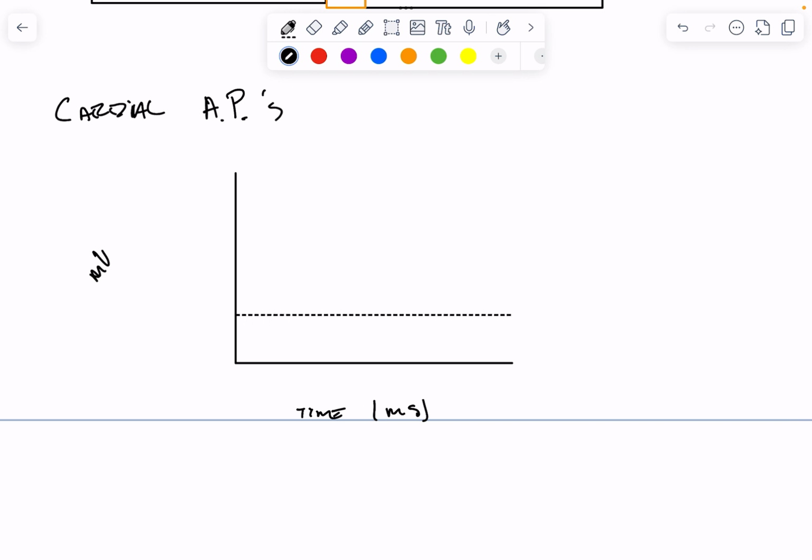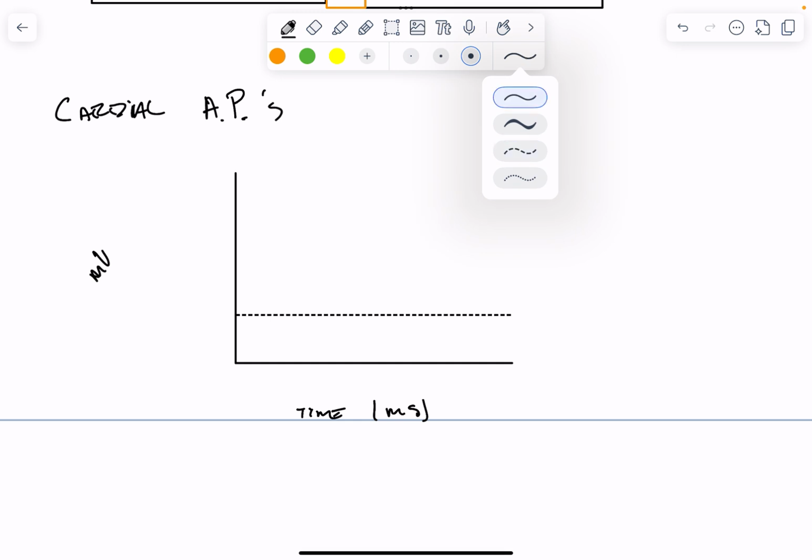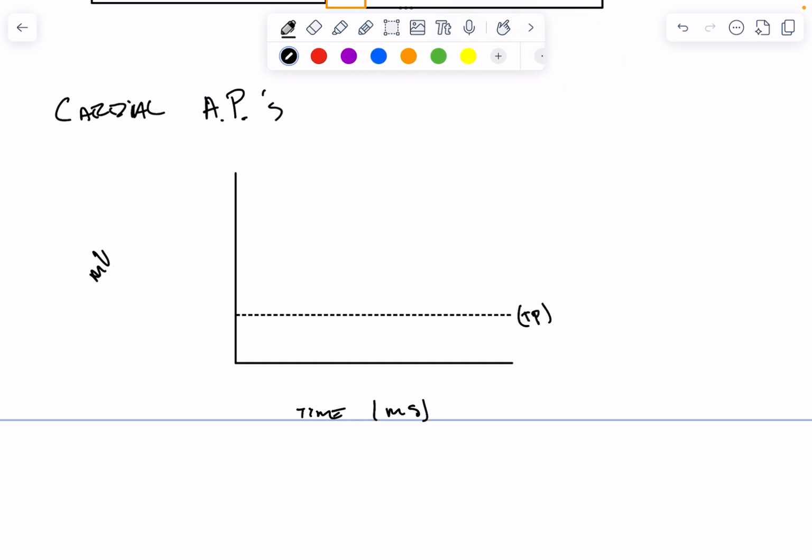Okay, that's our threshold potential. And now what we're going to have is around negative 90 millivolts.